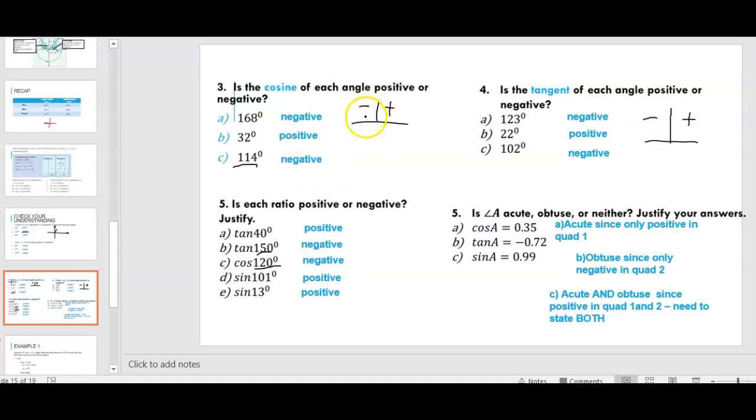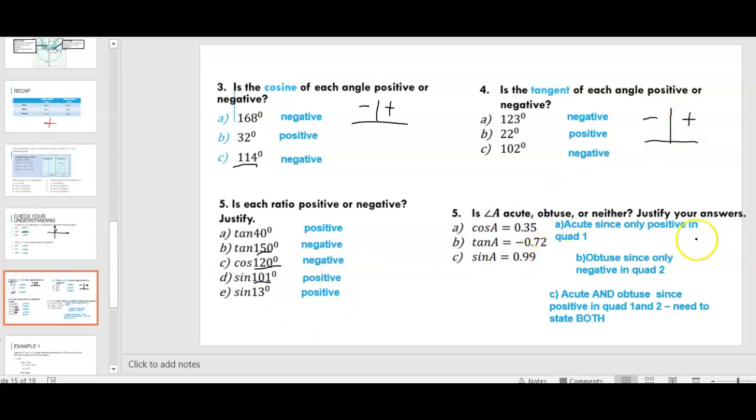Cosine is negative there. Sine of 101 degrees. 101 is an obtuse angle located on the second quadrant, but sine is positive in both the first and second quadrants, therefore it will be positive. Sine of 13 degrees, angle 13 is on the first quadrant, sine is positive.